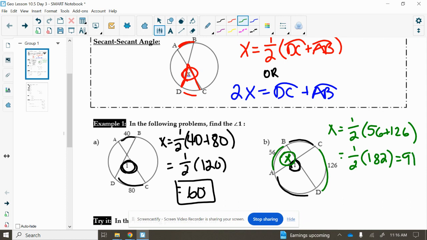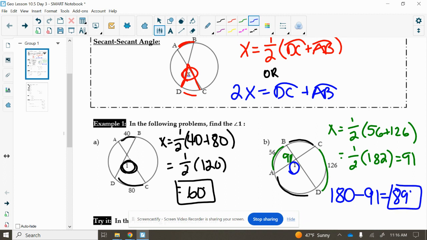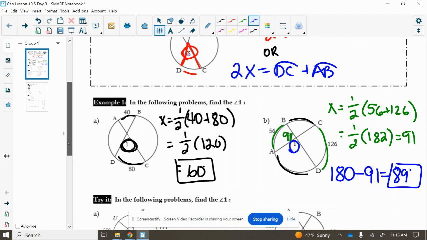So half of that is 91. So we know inside of this that this angle right here is 91 degrees. And then we know that angle 1 is going to be supplementary to that. So if we do 180 minus 91, we know that angle 1 is going to actually be 89 degrees.